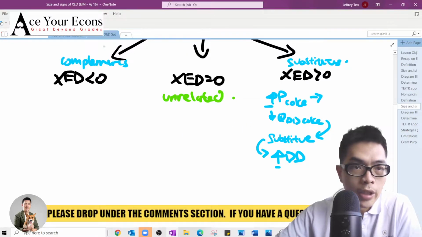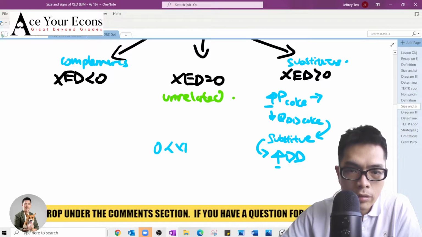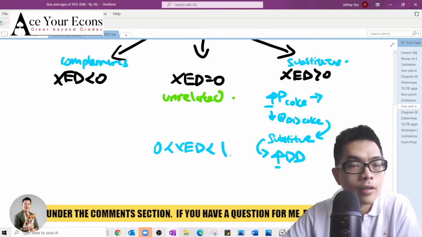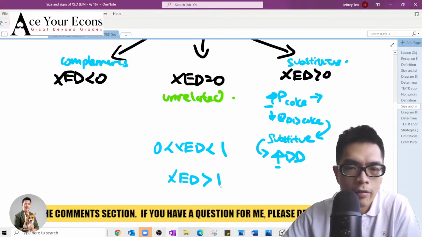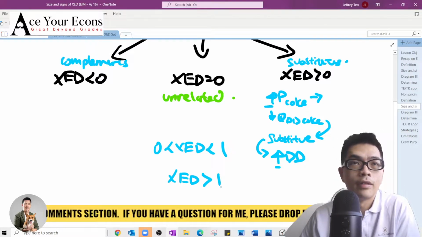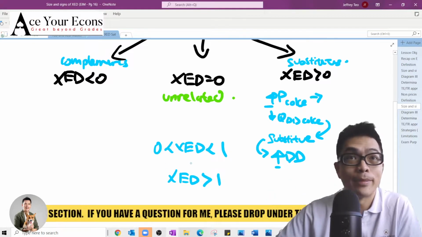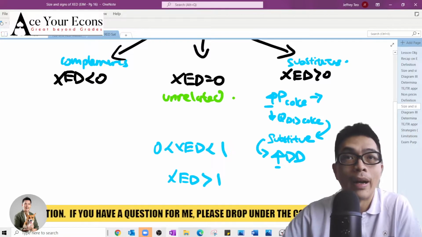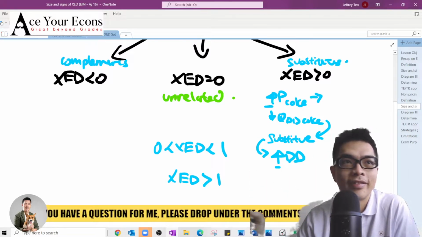So you see that it's greater than 0, right? So we are likely to have these two ranges: between 0 to 1, and greater than 1. So what do these two tell us? We know that it's a substitute, but we are not sure about the strength of the substitute. Right?